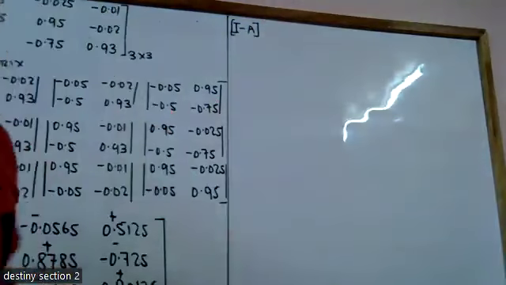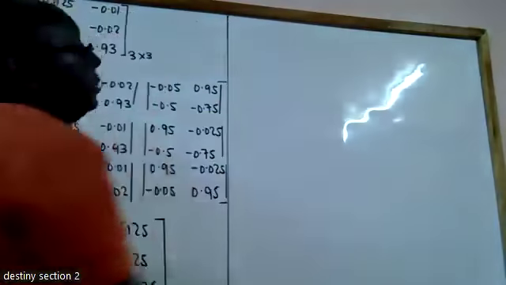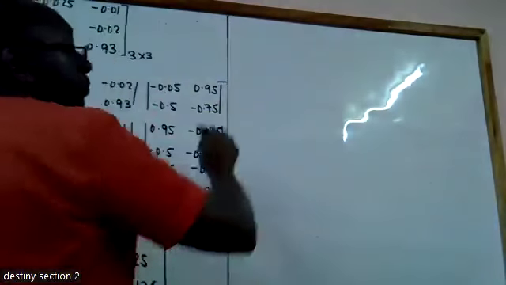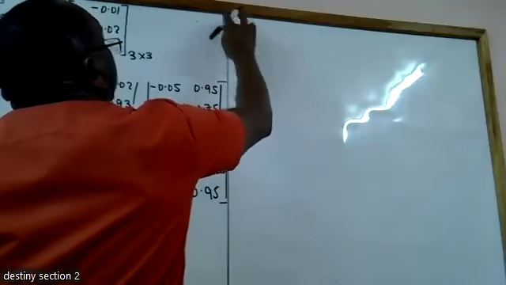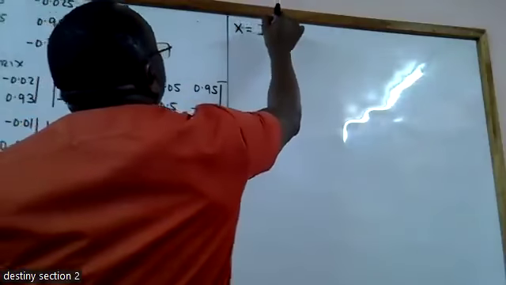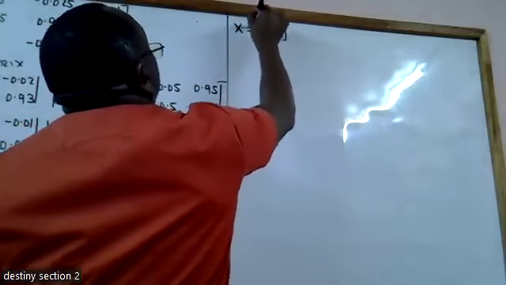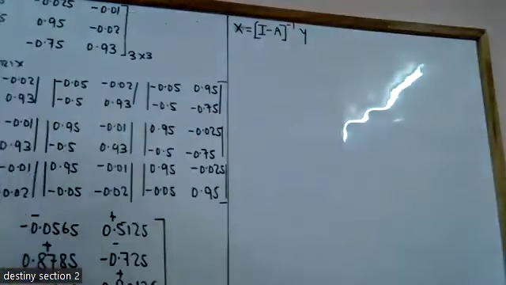Or let me write the formula. The formula that we are going to use is X is equals to I minus A inverse multiplied by Y.